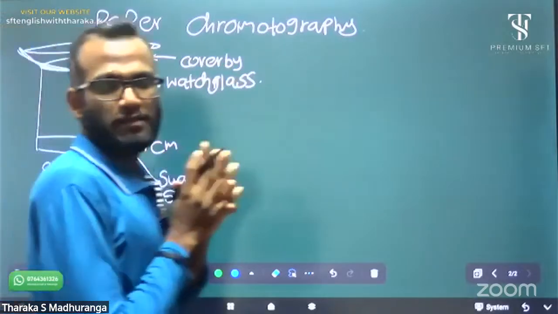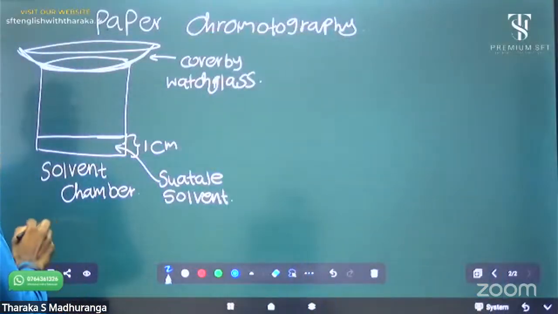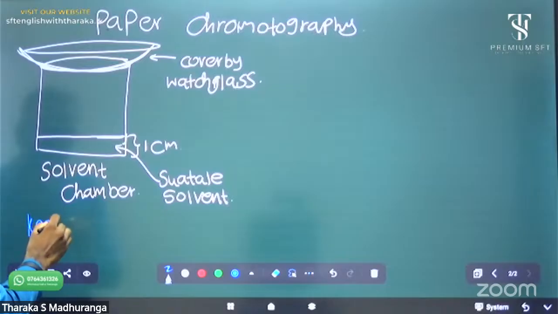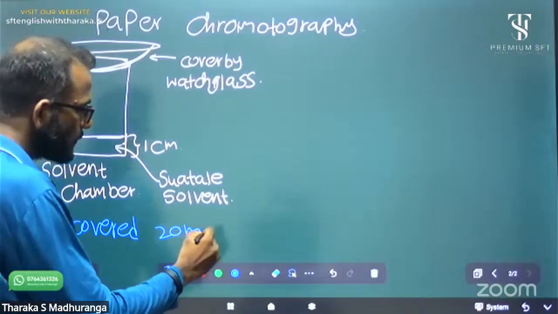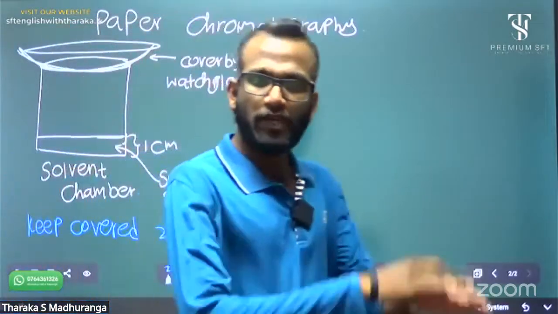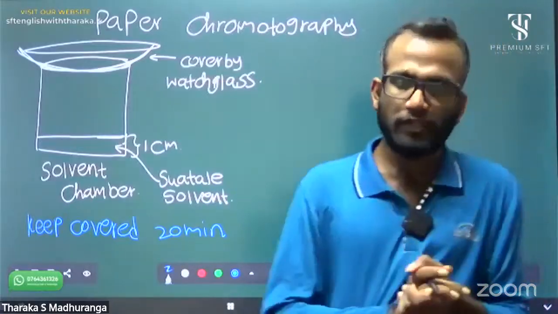The first step is done. After that, we have to keep it covered for 20 minutes. Remember, 20 minutes we have to keep this solvent covered by a watch glass.